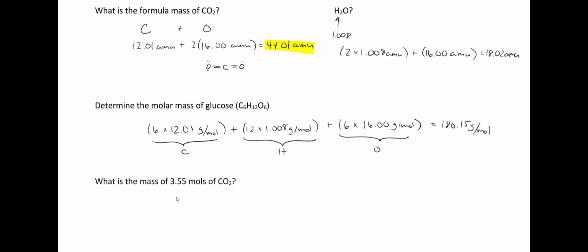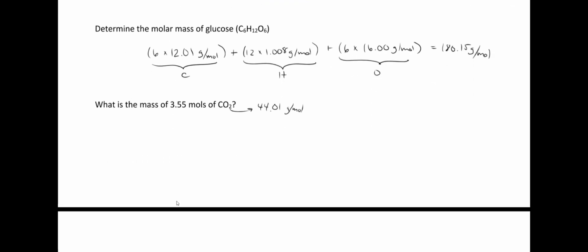So therefore, we know that carbon dioxide is 44.01 grams per mole as the molar mass. So to convert from moles to grams, we simply use this conversion factor. Remember, when we say per, that just means for every one. So 44.01 grams of carbon dioxide is equivalent to 1 mole of carbon dioxide.